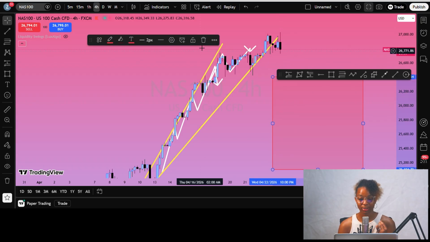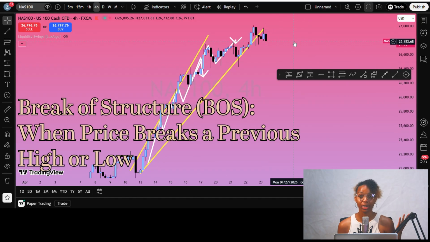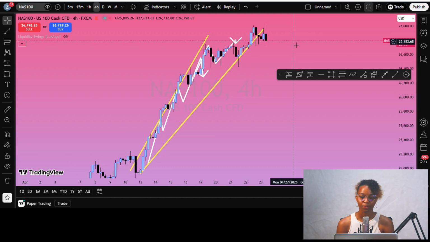Well, now we know that there is a break of structure. So now we need to think about getting in for potential buys. But with that being said, this would be nothing but buys being called into play.